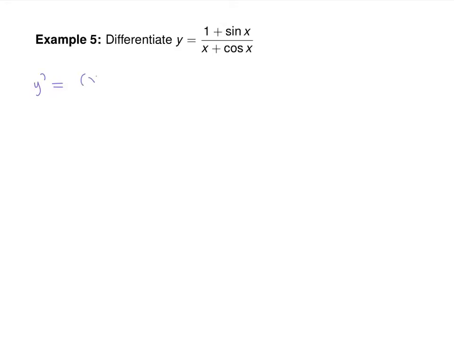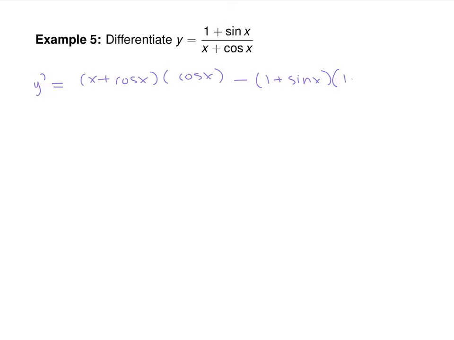So low d high, what's the derivative of 1 plus sine? 0 plus cosine, so can I just say cosine in that case? Because the 0 doesn't really matter, does it? Okay, good. So low d high minus high, which is 1 plus sine. What is the derivative of the lower function?